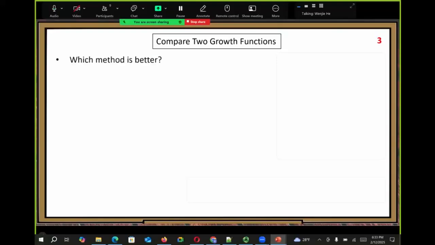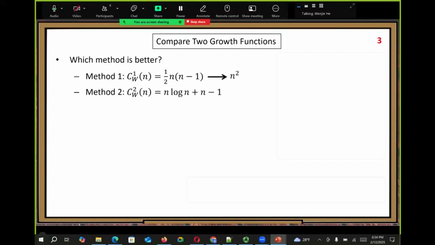Which method is better? From method 1, we have a worst case efficiency function, and from method 2 we have a worst case efficiency function. And from each efficiency function we can extract its growth function.